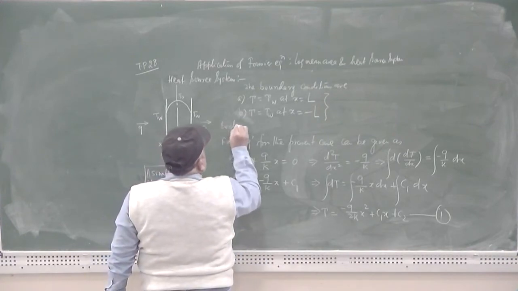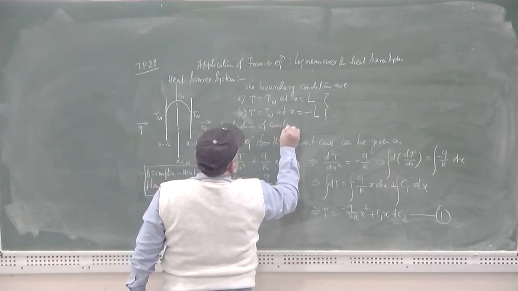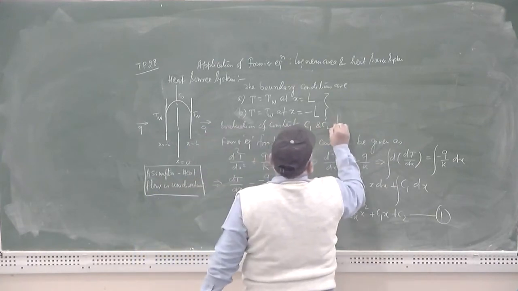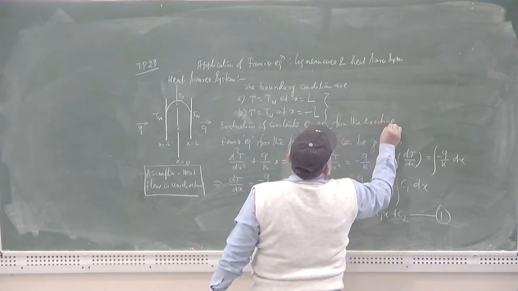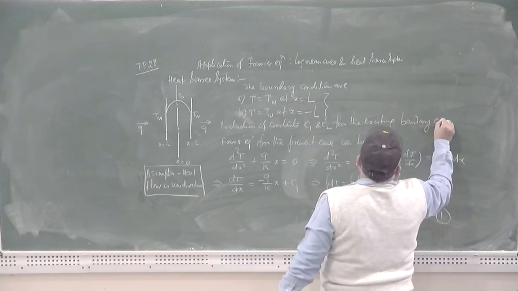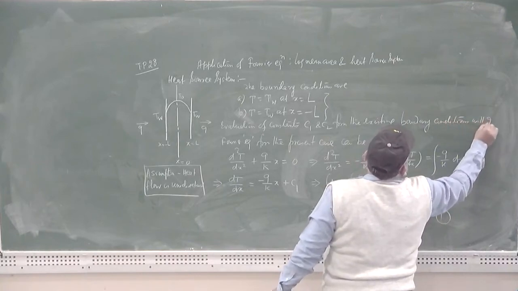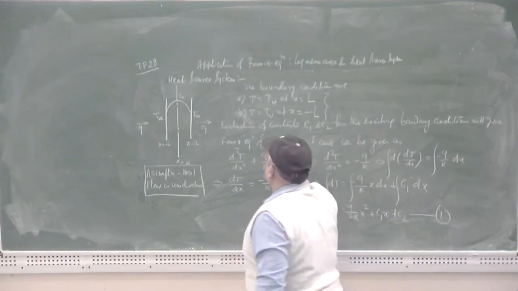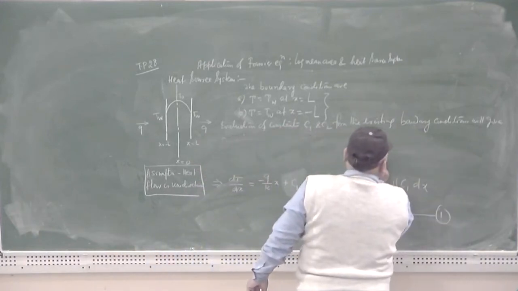Evaluation of constants C1 and C2 from the existing boundary conditions will give the complete solution of the temperature distribution.